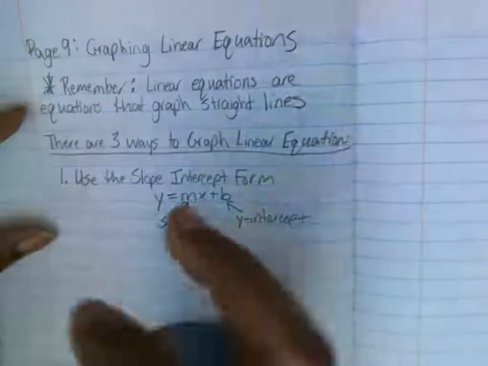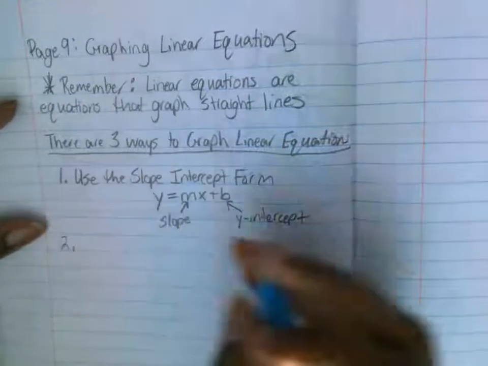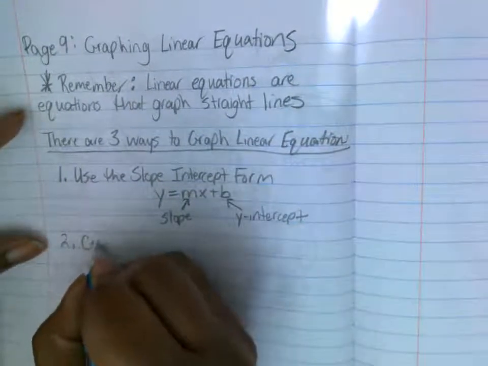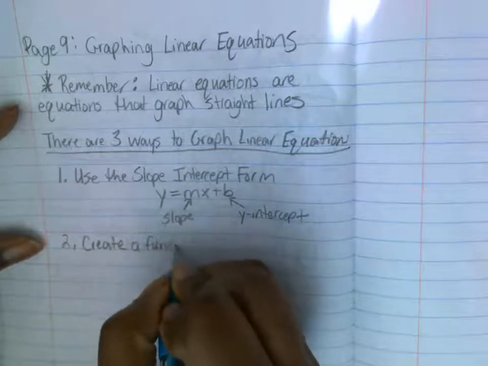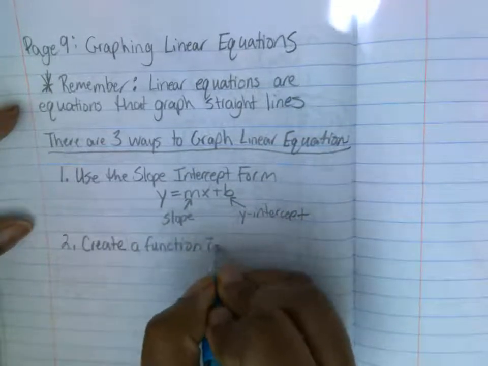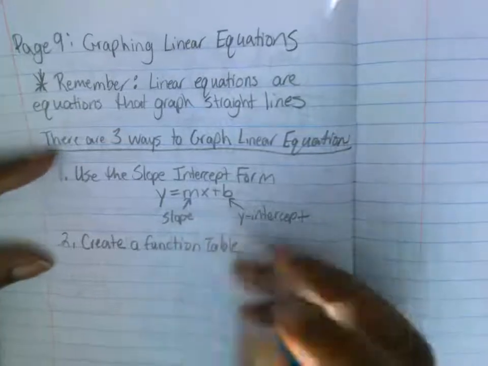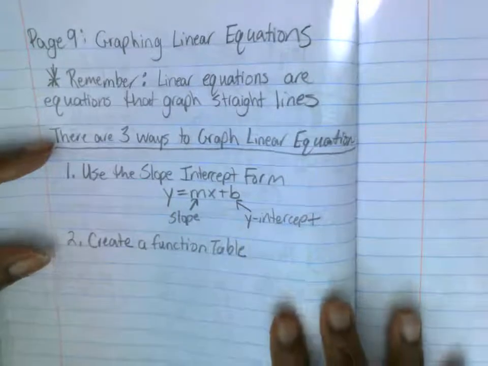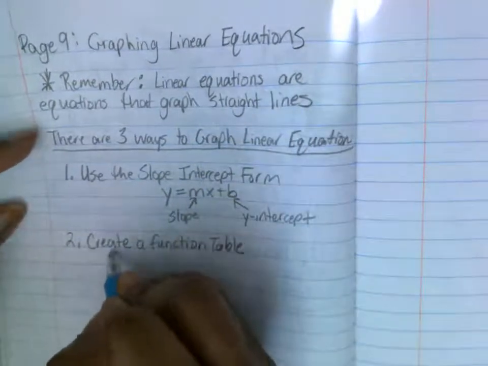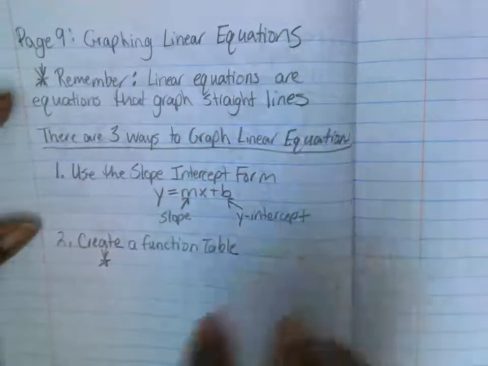The second way that we're going to talk about next week is to create a function table. Now, we talked about how all linear equations are not functions. The linear equation that's not a function is the vertical line.